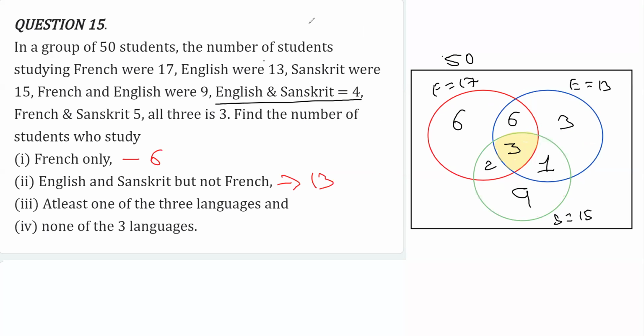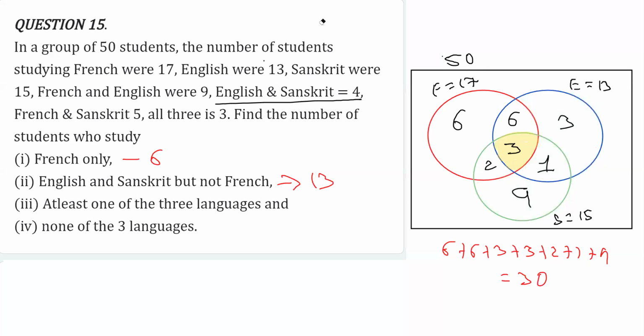So we need to add all these figures here. The sum is 6 plus 6 plus 3 plus 3 plus 2 plus 1 plus 9. So this is 18, 20, 30. That comes out to be 30.